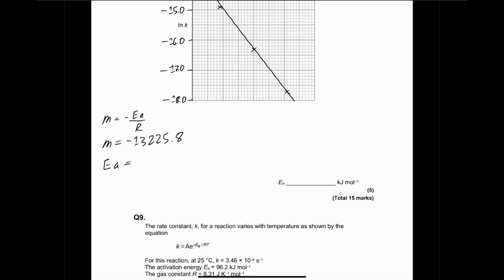To work out the EA, EA is equal to minus m multiplied by R. So EA is equal to minus minus 13,225.8, which makes it positive, times by 8.31.